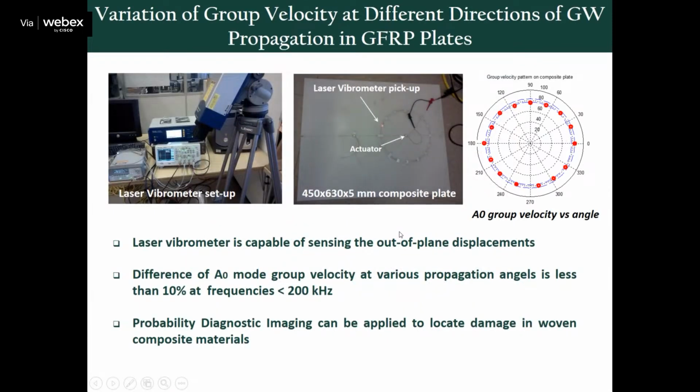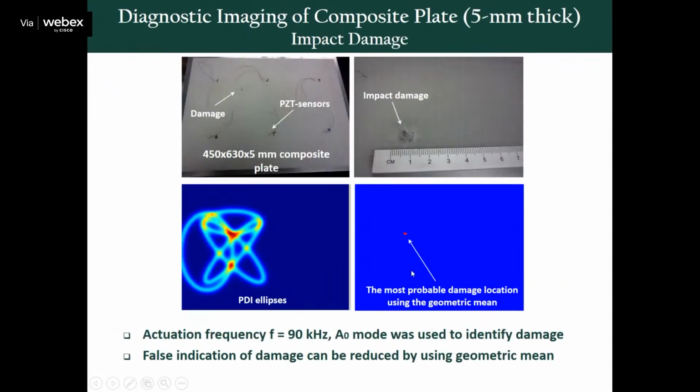After we characterize the guided waves in all directions, we embed the sensors into this composite plate. In this configuration, we have multiple PZT sensors here, which can serve as both receiver and transmitter, and we introduce an impact damage with several millimeter diameter. It's shown here.